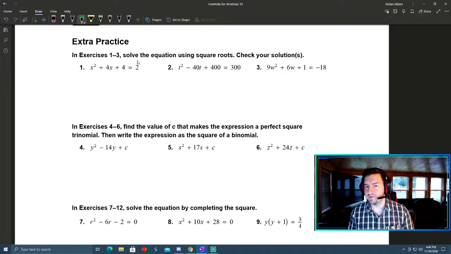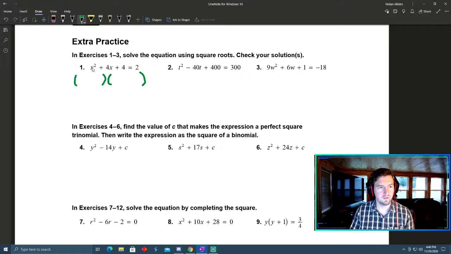So first of all, with this first problem, we're just going to solve the equation by using square roots. And this is pretty straightforward. We're just going to factor whatever that thing is on the left, and then we'll be able to solve. So remember, when we're factoring these, we can set it up like this, and we see that we'll have an x on the left. Since we have two pluses, we'll have two pluses in here.